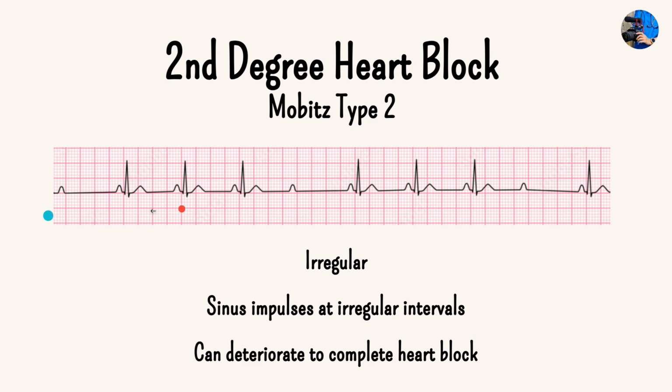Here we couldn't predict when we would miss a QRS, if that makes sense. So you would get your P waves in all their places, but just the QRS becomes missing randomly, and you just don't know when it's going to be. So again, it is an irregular rhythm, and it can deteriorate to complete heart block.